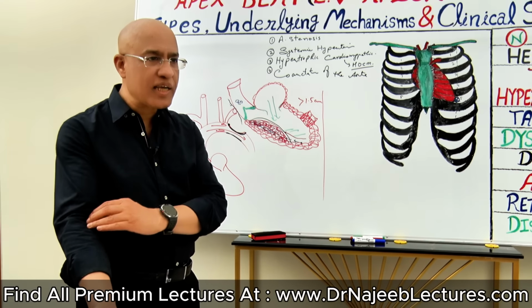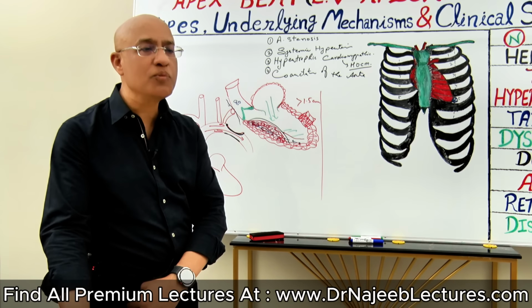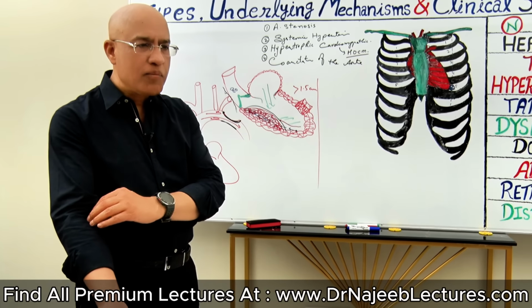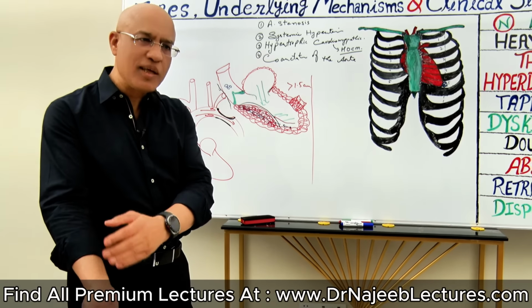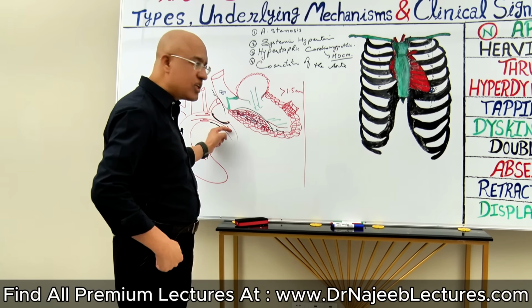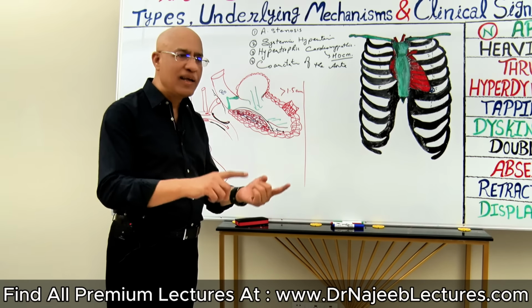Radial pulse or brachial pulse will be earlier than femoral. They are actually in their own time. There is delay in the femoral due to this obstruction and slow flow. So there is radiofemoral delay or brachiofemoral delay.